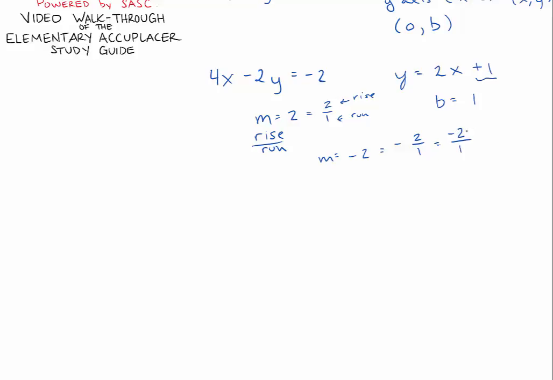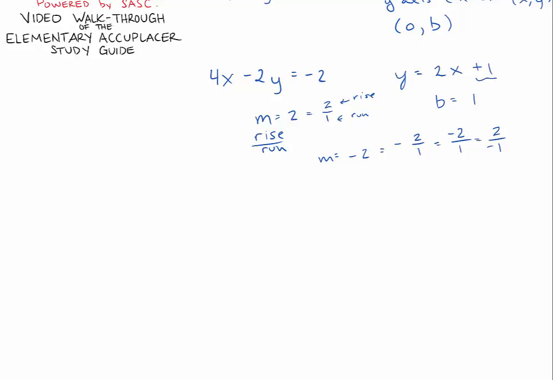So in this case, our rise would be negative 2, which means we'd be going down 2, and we'll talk about what that means. And our run is positive, so if our run is positive, we go to the right. If it's negative, we go to the left. But I could also write this as 2 over negative 1. These are all the same number, negative 2. And so in this case, our rise is positive, and our run is negative. So our rise would be up, and our run would be to the left.